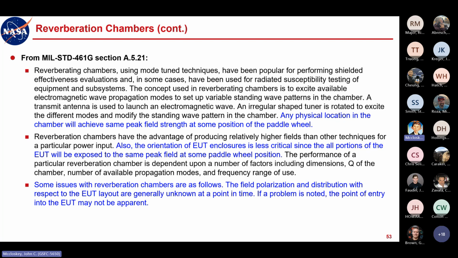But some issues with reverb chambers are as follows: the field polarization and distribution with respect to the EUT layout are generally unknown at a point in time. If a problem is noted, the point of entry into the EUT may not be apparent. To a degree, that's a common issue with radiated susceptibility testing in general, as compared to a common mode conducted susceptibility test like CS114.